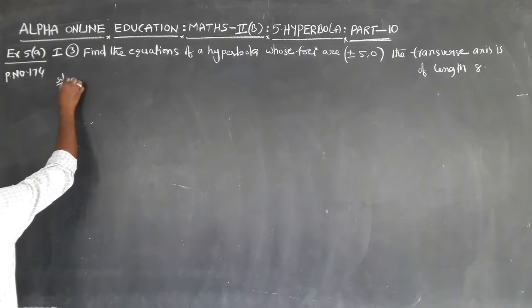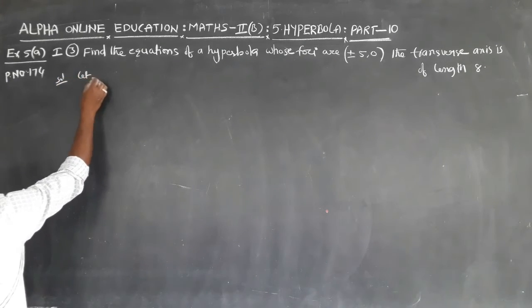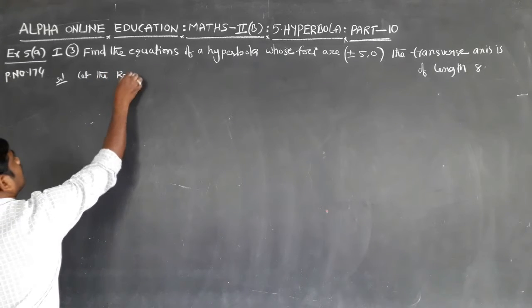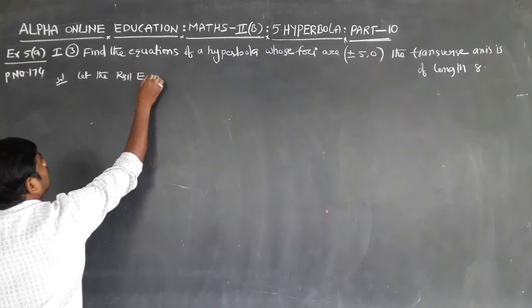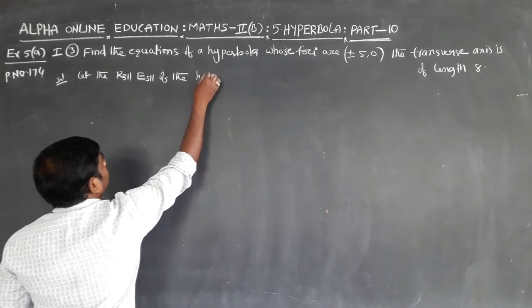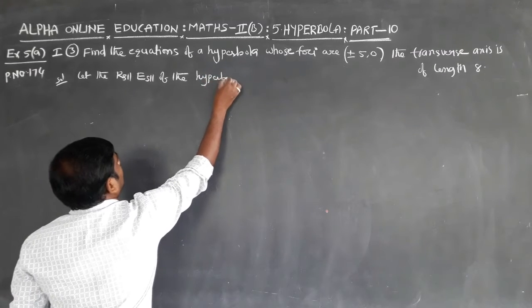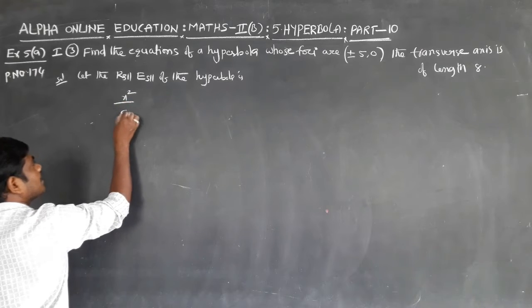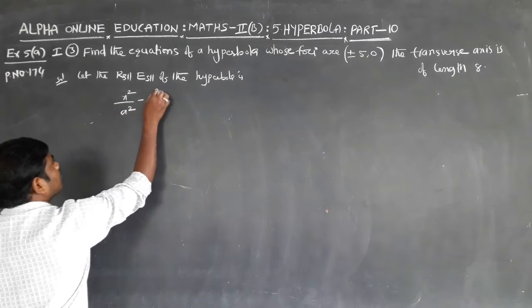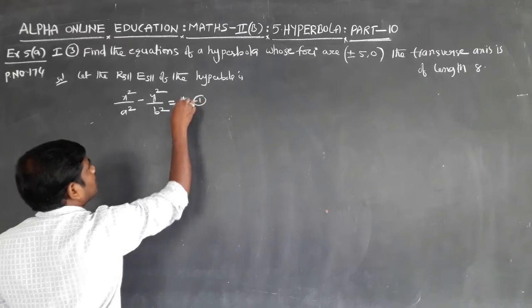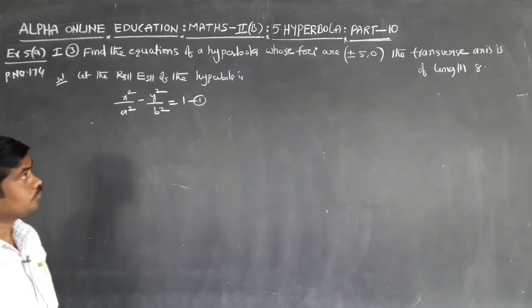Let the required equation of the hyperbola be, in general form, x²/a² − y²/b² = 1.